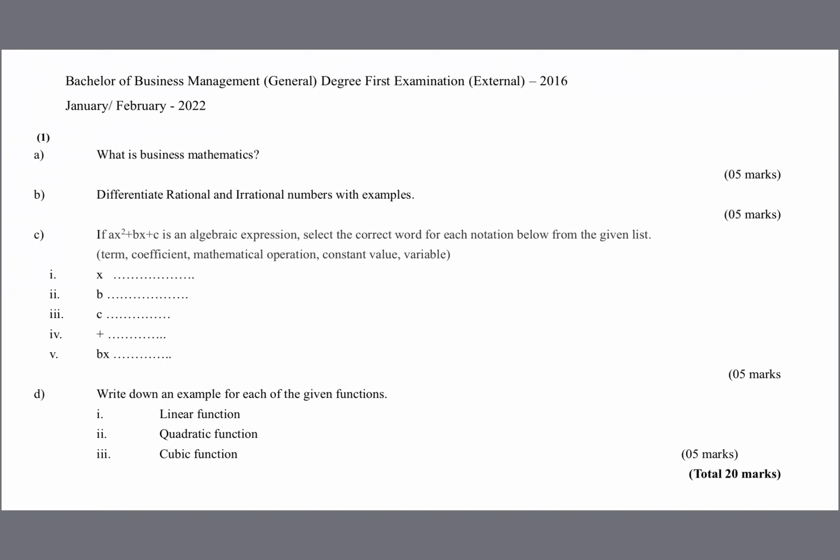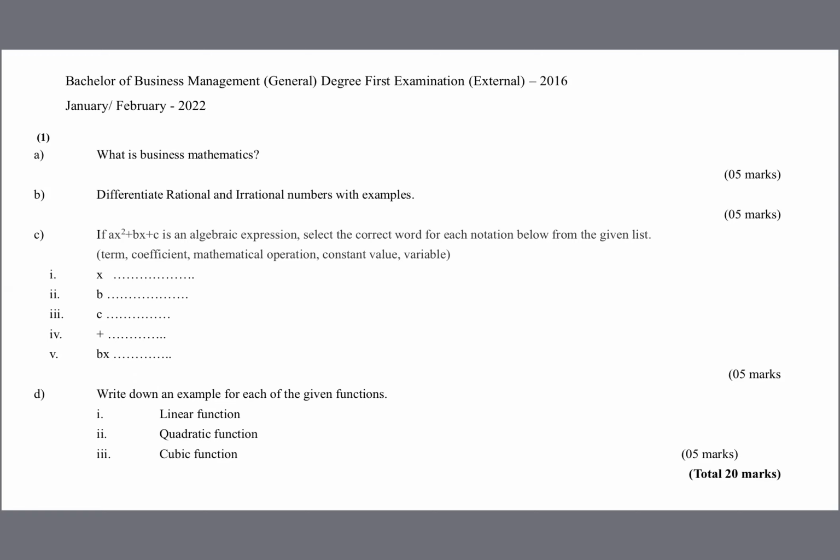In this section, it is the 2016 academic year, and it was held last year, no, 2022. That exam was, and section number 1, right? That's relevant to the introduction part also.